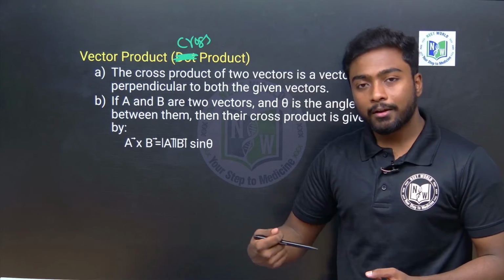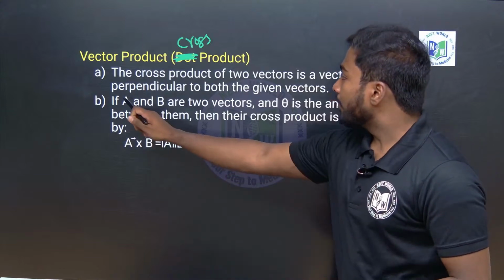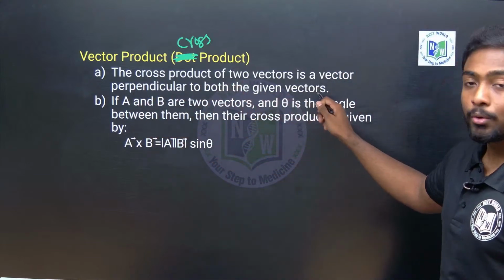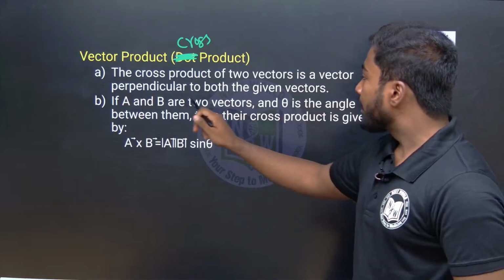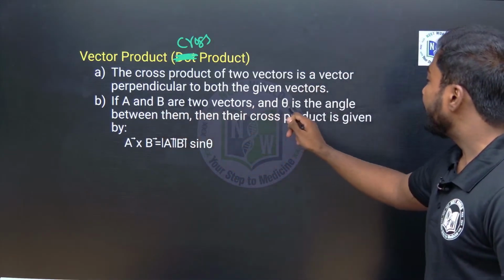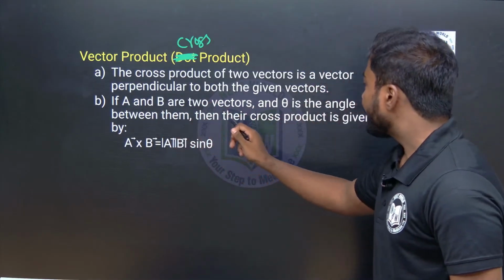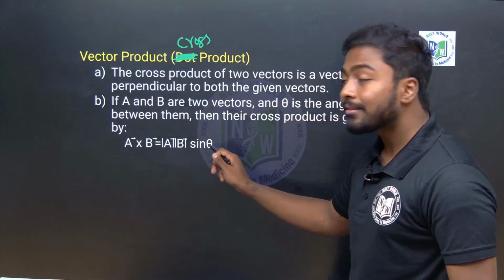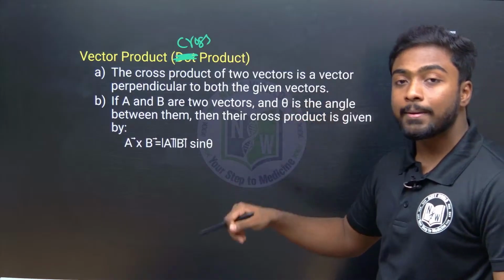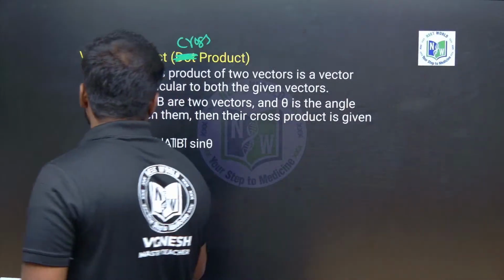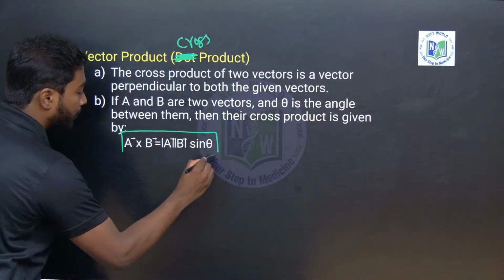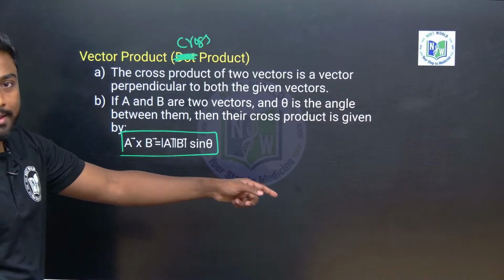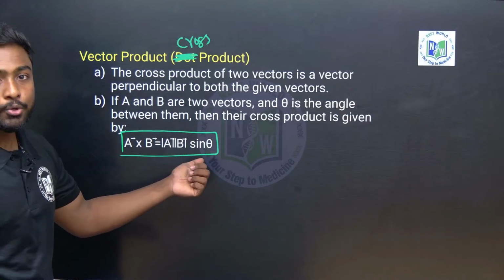Here I have taken a cross product, so the resultant will be a vector. If A and B are two vectors and theta is the angle between them, then their cross product is given by AB sin theta, whereas for the dot product it is AB cos theta. So remember the formulas whenever you are doing problems: A dot B is equal to AB cos theta, A cross B is equal to AB sin theta.